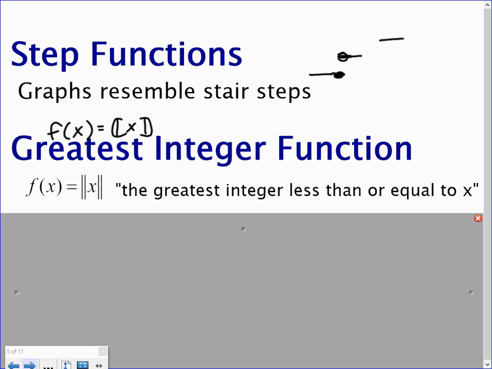So both mean greatest integer. And the greatest integer function is asking you, when you put in an x value, find the greatest integer that is less than or equal to x. And we'll practice this here in just a moment.